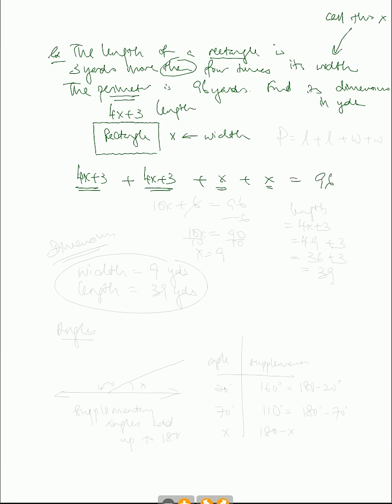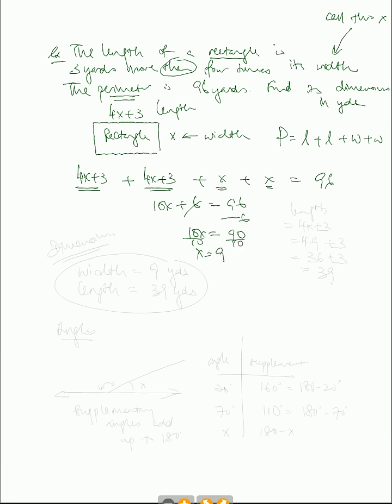So we add all four sides and we equate to 96. Combining like terms, it comes to 10x plus 6 is 96. Subtract 6, so 10x is 90. And divide by 10 tells you x is 9.